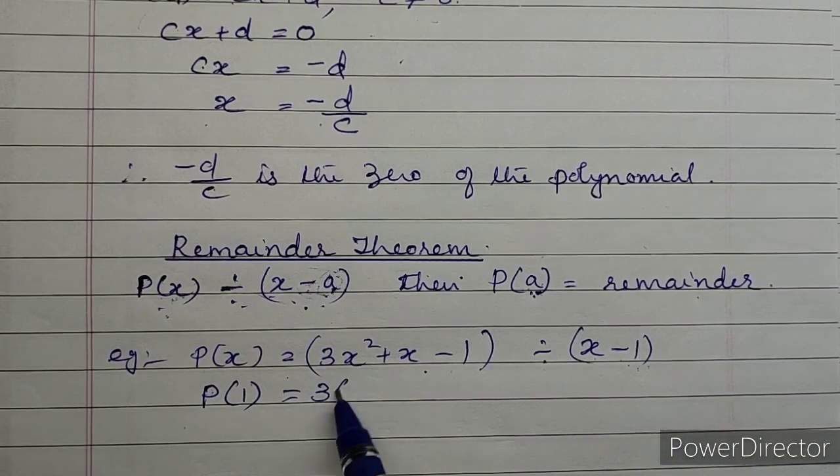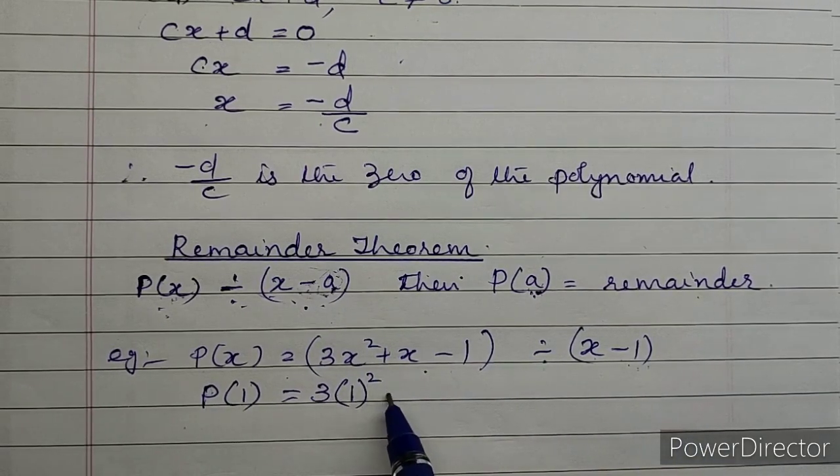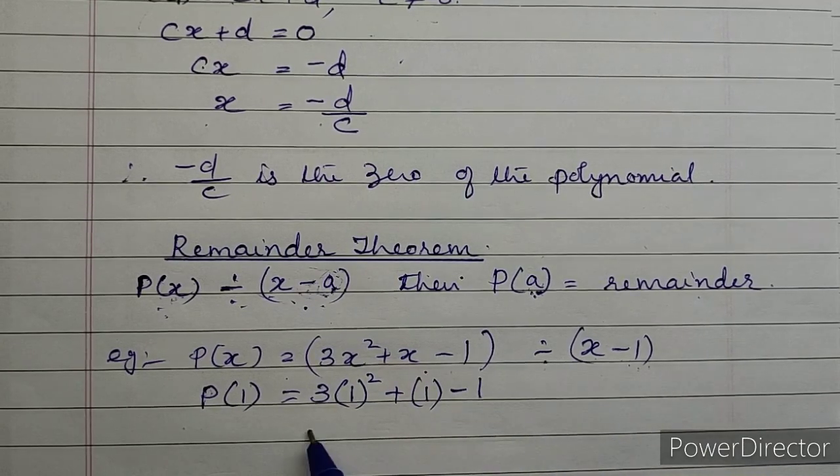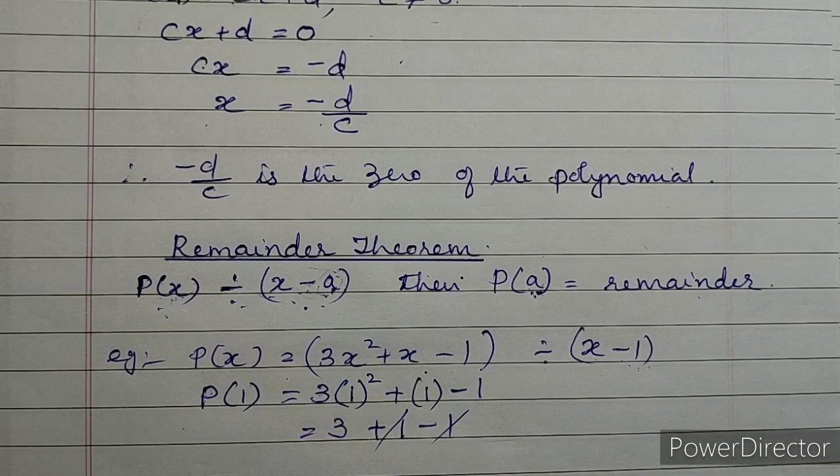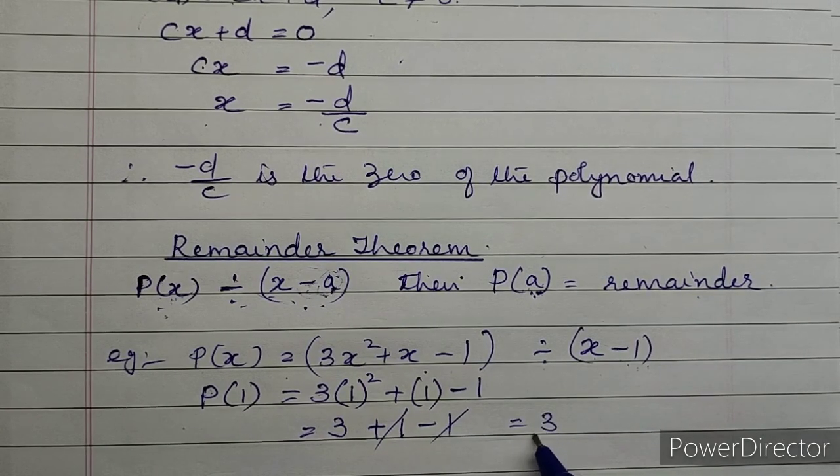So just find that 3 into, instead of x, 1 square plus, instead of x again 1, minus 1. This is equal to 3 into 1 square, which is 1 only. So 3 into 1 is 3, plus 1 minus 1. Plus 1 and minus 1 you can cancel. Both opposite sign, same number. So the answer is 3.